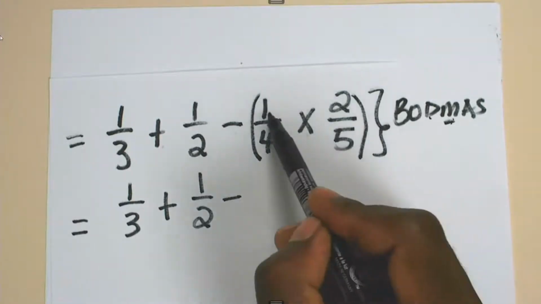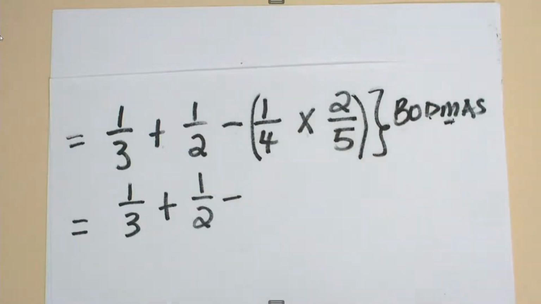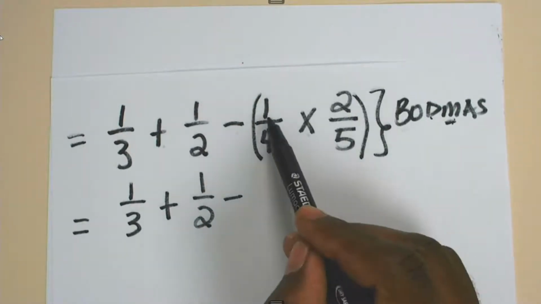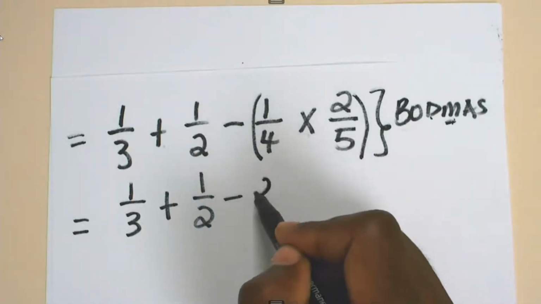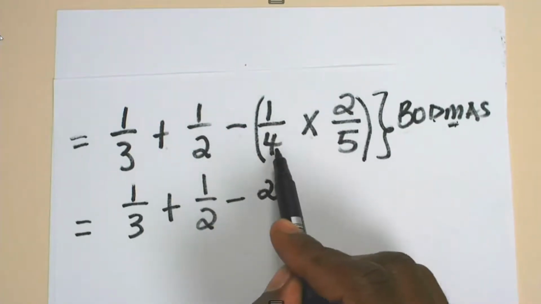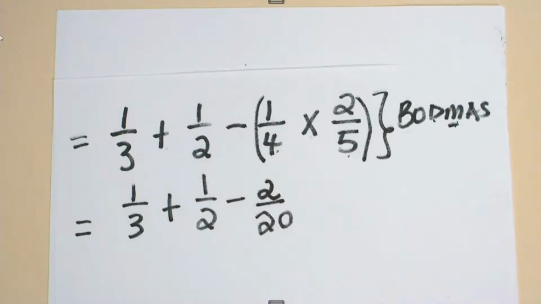Then we say 1 multiplied by, remember when we multiply fractions, denominators do not have to be the same. We multiply a numerator by a numerator and a denominator by a denominator. So we will say 1 multiplied by 2 equals 2. And then 4 multiplied by 5 equals 20.